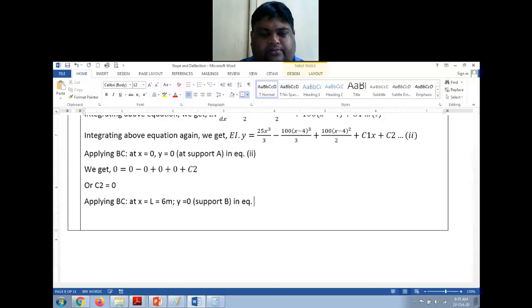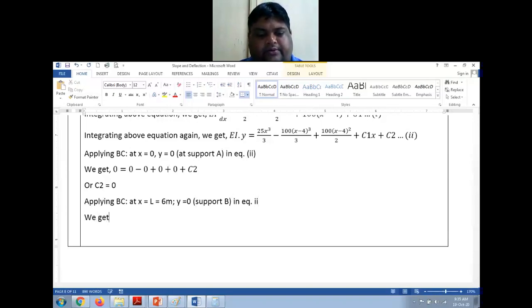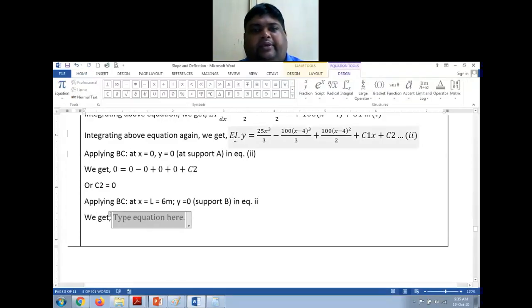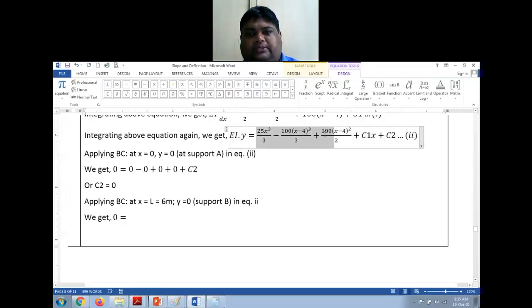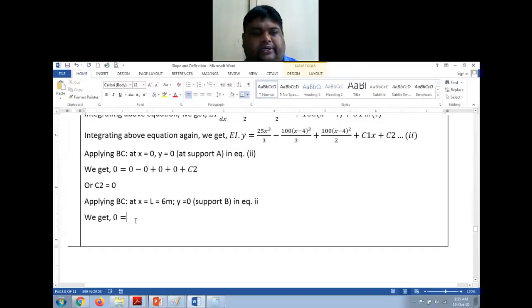In equation 2, we get, okay. Now again put y is 0 here, so it will become 0 equal to 25 x cube by 3. So I'll just copy this equation. C2 has become already 0, so I don't need that.